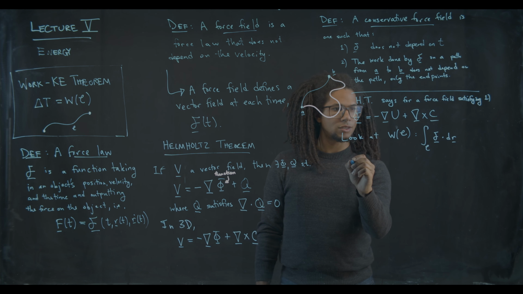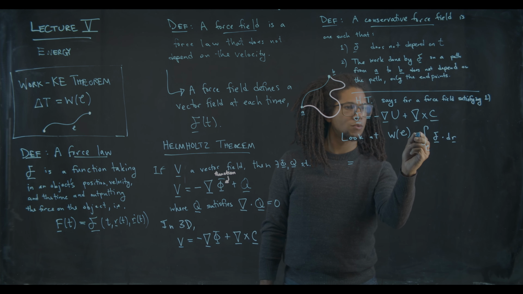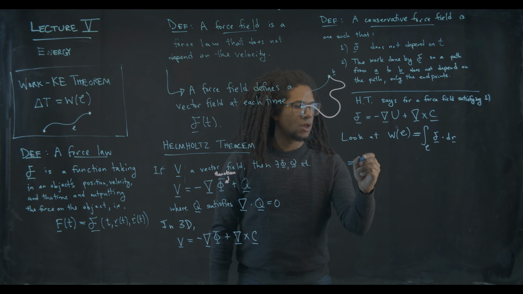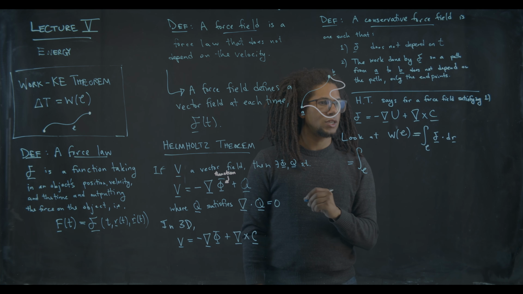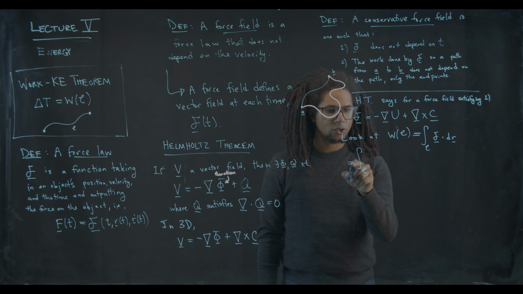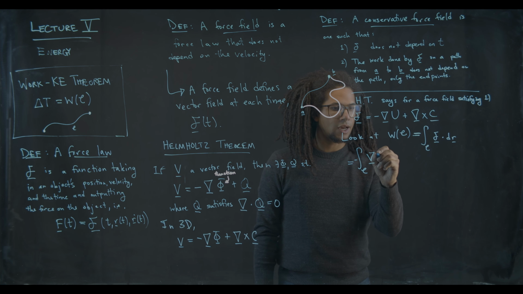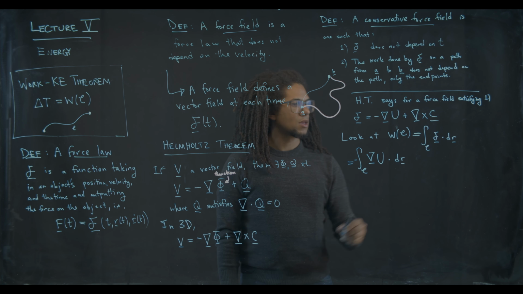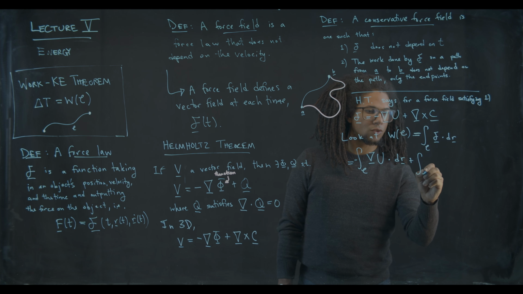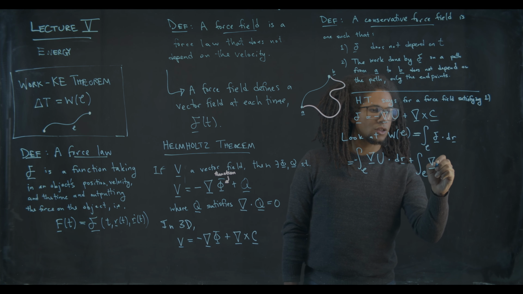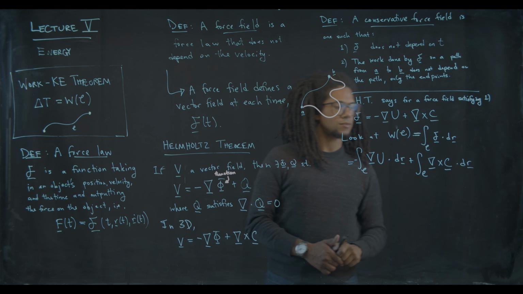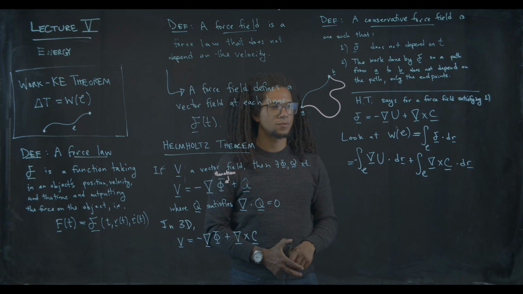So I'm going to say that this is equal to the integral over C of minus, so I'll pull the minus out, del u dot dr, plus the integral over C of del cross C dot dr. Great.